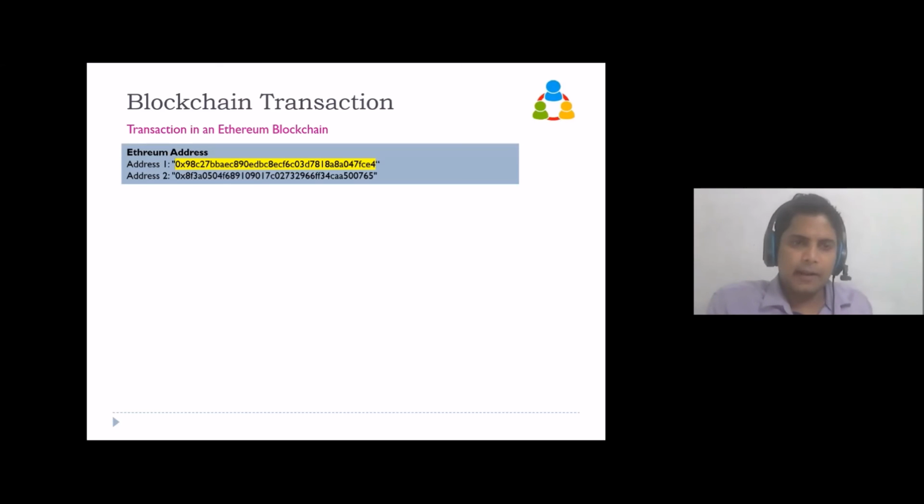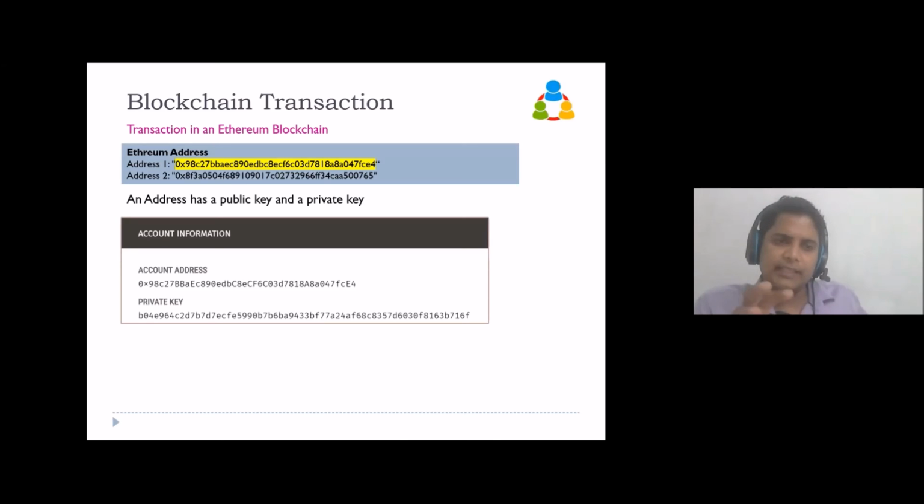As I mentioned earlier, an address has a public key and a private key. You can say that this is the account address, and a private key will look like this. The first address is 98C27. The private key is B0E964, a long string.